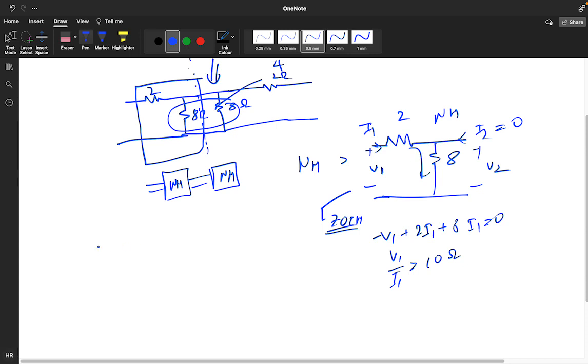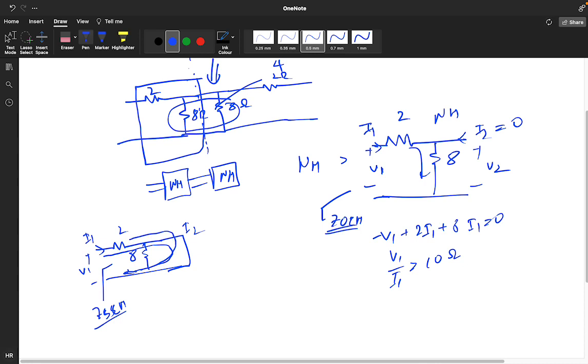Now the next step is to find ZSCH, the short circuit impedance. This is 2, this is 8, this is positive and negative V1, this is I1. For short circuit, you make this a short circuit. The current will directly go through it, because current always follows the shortest path.